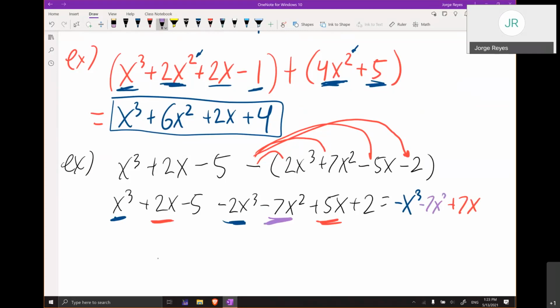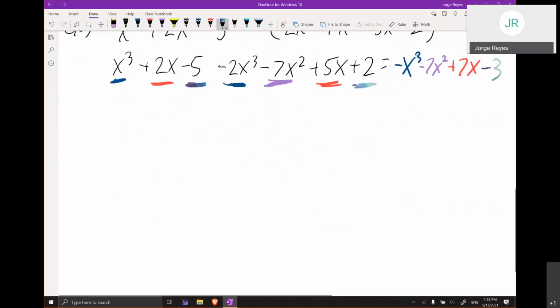That's the only x squared, so that one I'm just gonna put there. And then negative 5, 2, that's negative 3. Okay. And ta-da, subtraction. All right, adding, subtracting, not too difficult.